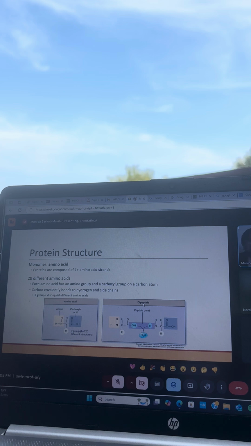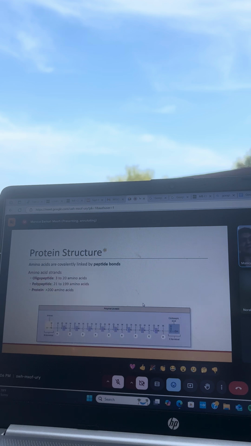Okay, now the protein. What are the monomers of proteins? Amino acids. And when you call it a protein, how many amino acids should be there to call it a protein? Over 200. Yes, you have the information here, more than 200 amino acids, only then you will call it a protein.